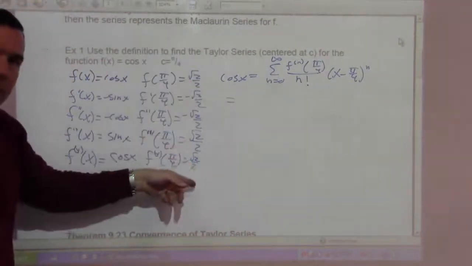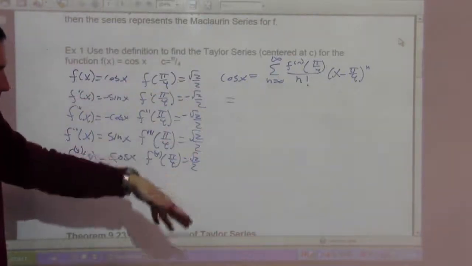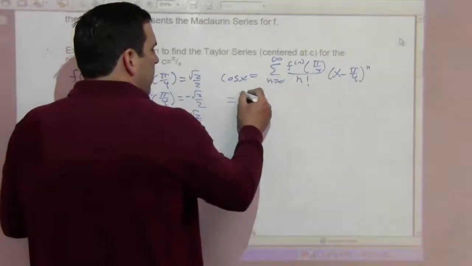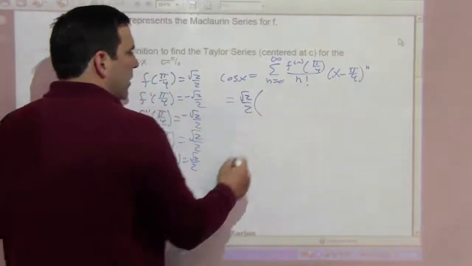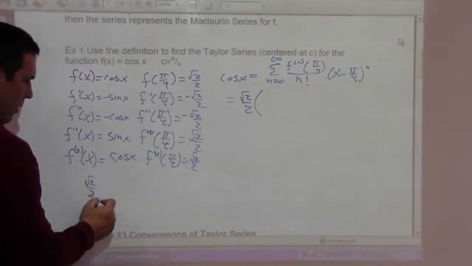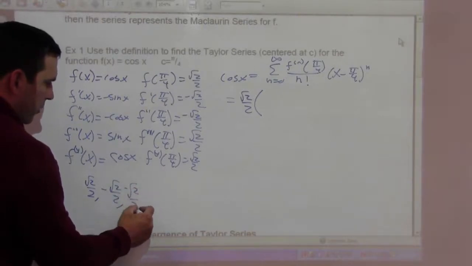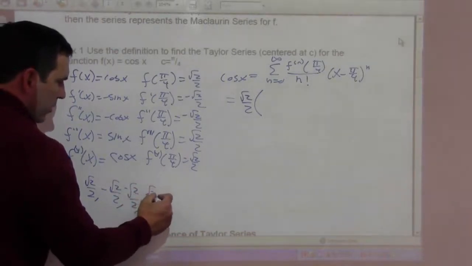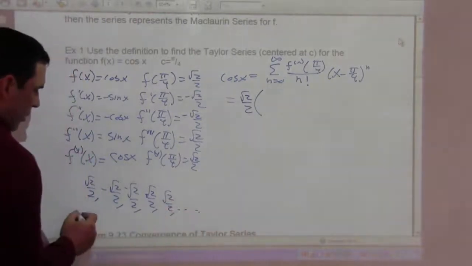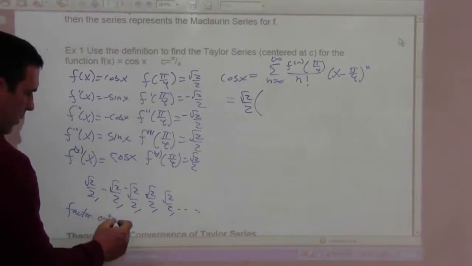So if I just factor it out in the beginning, what we're really going to have to deal with is a 1 and a minus 1, minus 1, 1, 1, minus 1, minus 1, 1, 1, minus 1, minus 1. So I'll put square root of 2 over 2 out front, because again we're seeing square root of 2 over 2, minus square root of 2 over 2, minus square root of 2 over 2, positive square root of 2 over 2, positive square root of 2 over 2, and so on. So we can factor out square root of 2 over 2.